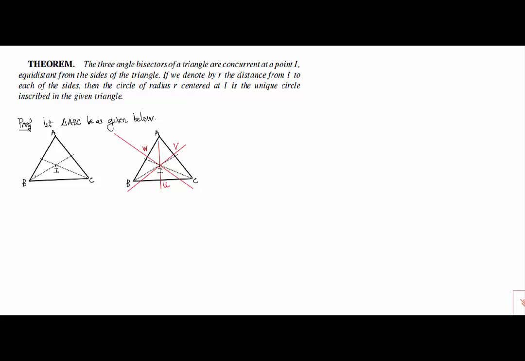So I get two lines, and since those two lines are not parallel, in fact you should pause the video and try to justify to yourself why the two bisectors of angles B and C cannot be parallel. But in any case, accepting the fact that those two lines aren't parallel, then they must meet at a point I. Okay, and now let's proceed as follows.